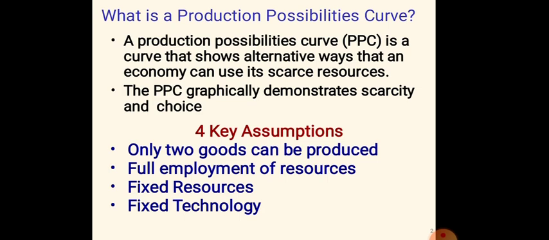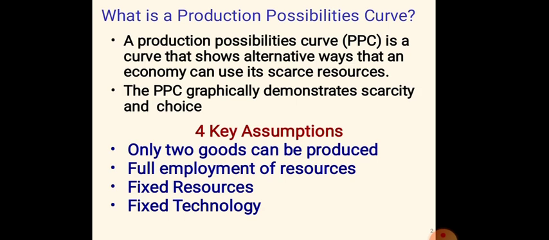That is, productive resources can neither increase nor decrease. Our third assumption regarding PPC is that production technology remains constant, which means that neither is there any kind of advancement in production technology nor any deterioration in production technology.